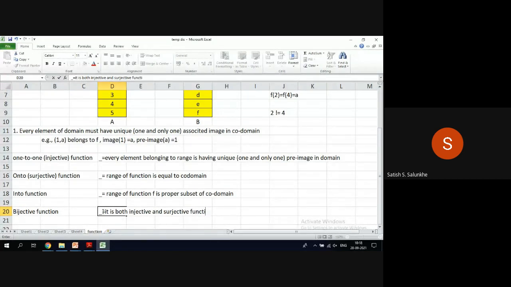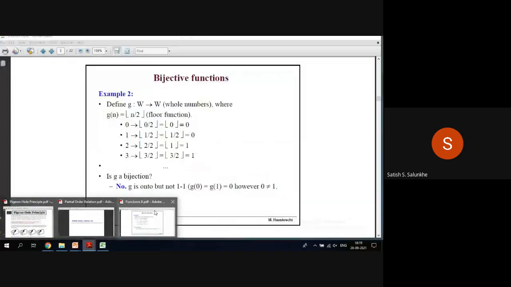That is, when it is both a one-to-one as well as an onto function, then we say it is a bijective function. Let me just show you a visualization.